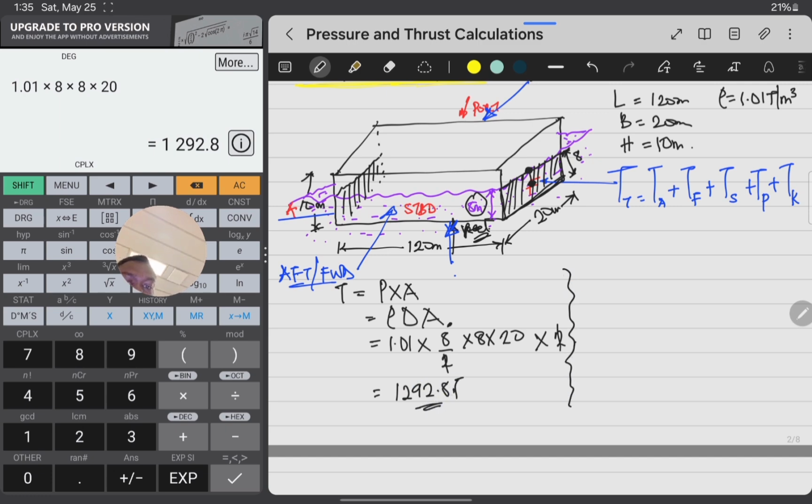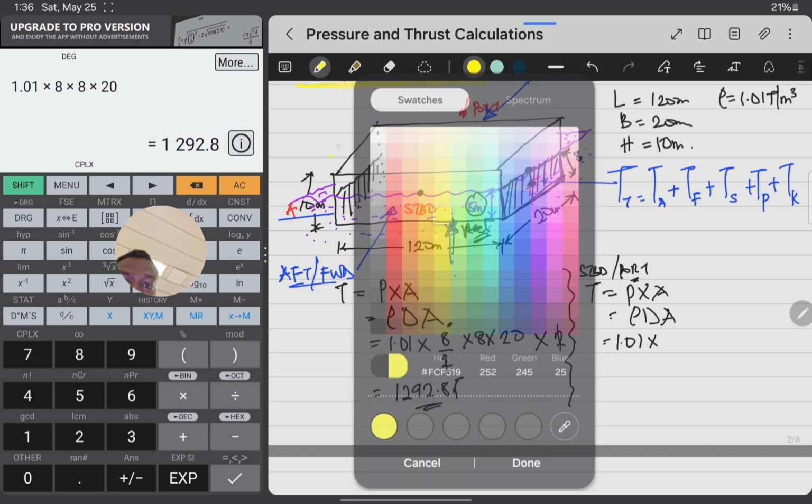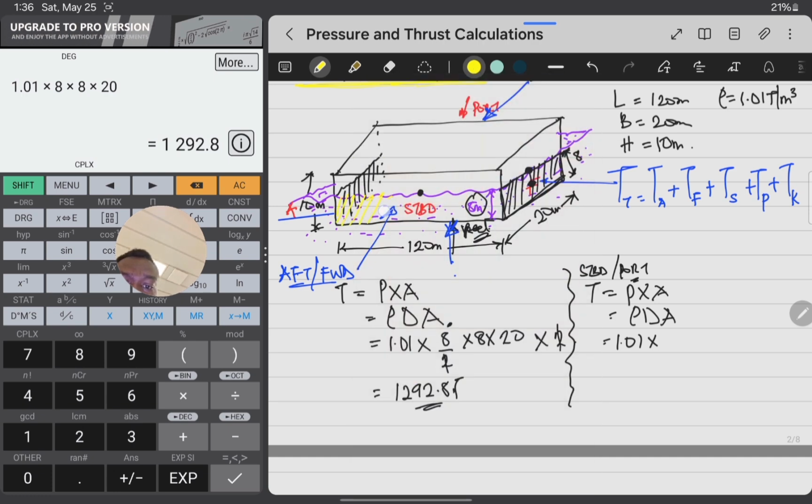Okay, so we're going to do the same for starboard and the port side. Again, the thrust is P times A, which is rho dA. Rho is still the same water of the dock, where it is immersed. The draft, again, is also going to be from the water surface. So if we look at this, you see that this is the plane surface area of the starboard.